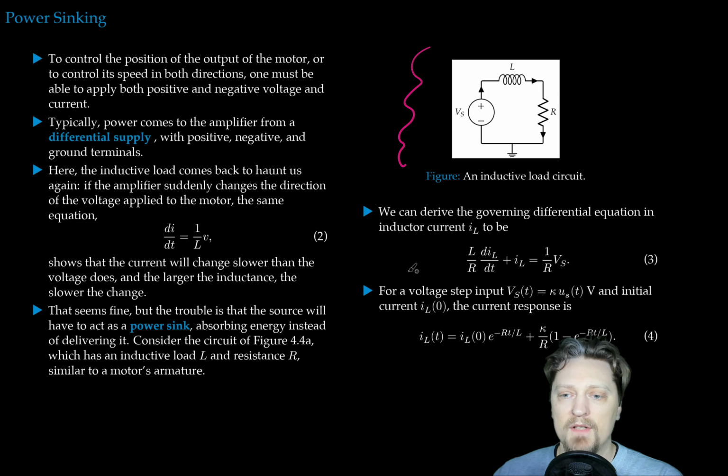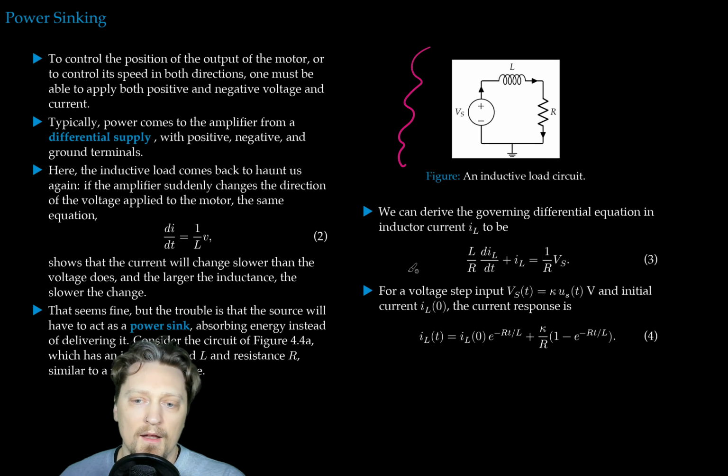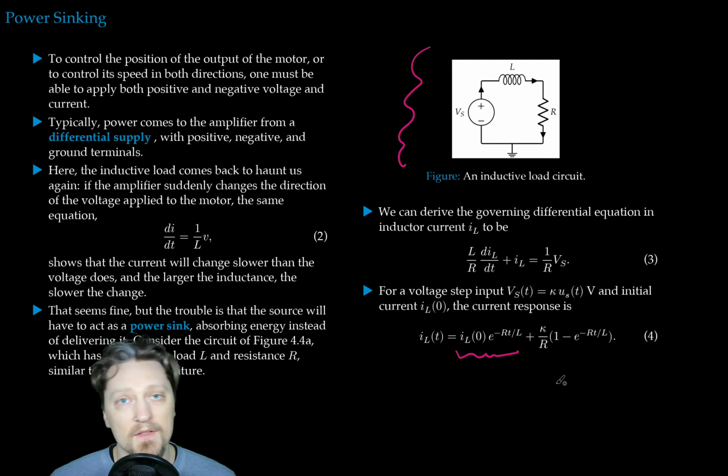For a voltage step input, Vs equals kappa US, where US is the unit step input, and initial current IL of 0, the current response is given here, which is to say the initial current times this decaying exponential plus this exponential that decays to kappa over R. So this is a solution for the inductor current as a function of time, given a step input of magnitude kappa volts.